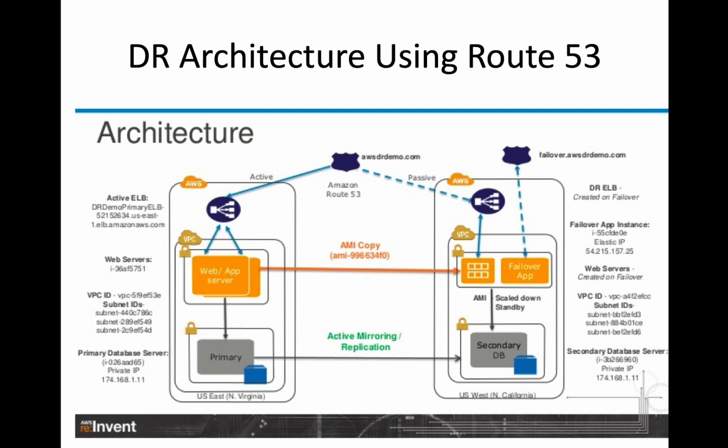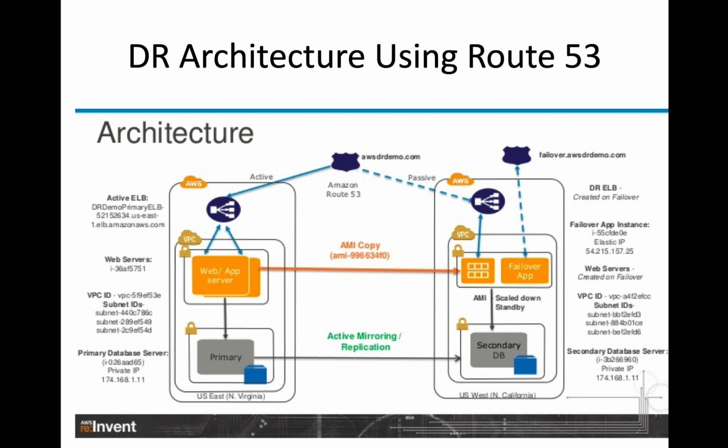Now, if there were a failover event, if the Route 53 service were to detect a health check failure in our primary region, then it would automatically redirect traffic over to the second elastic load balancer located in US West 1. And that load balancer can distribute traffic across a set of web servers. And those web servers are talking to the secondary database where our data has been replicated.